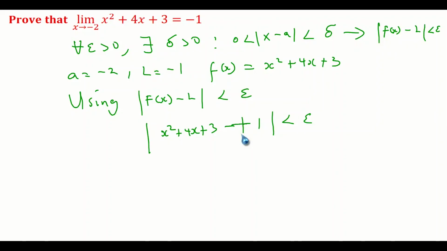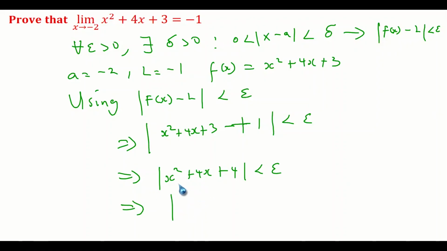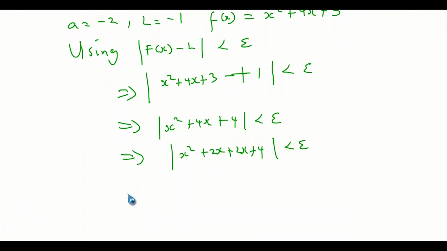So you have to add this together. This will be 4. So it implies that the absolute value of x squared plus 4x plus 4 is less than epsilon. So this quadratic function, you can factorize it to be x squared plus 2x plus 2x plus 4, less than epsilon. I've almost finished everything for you.